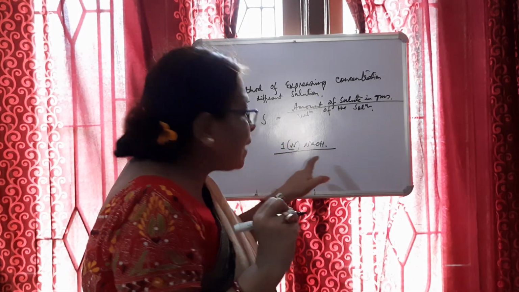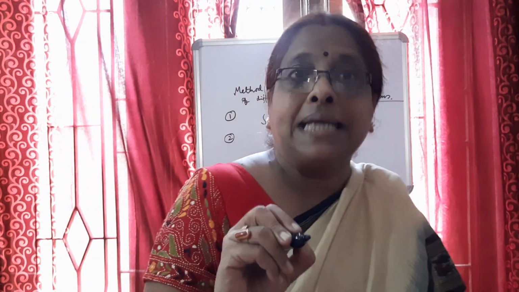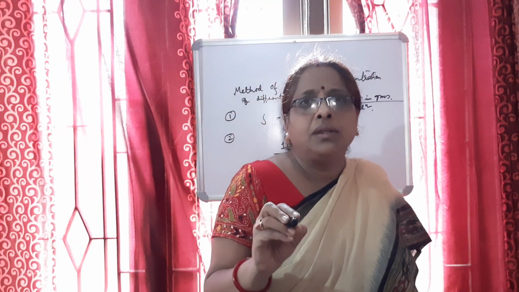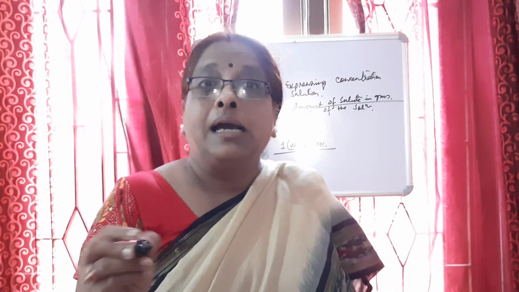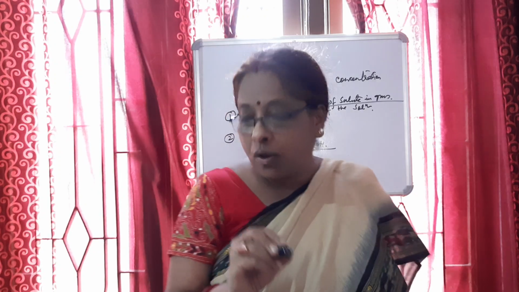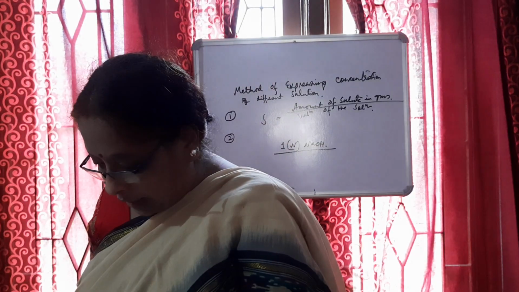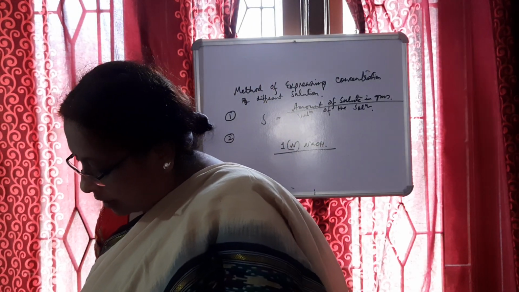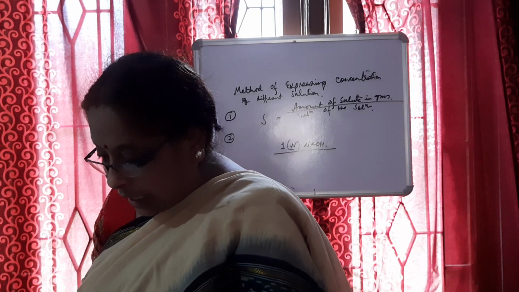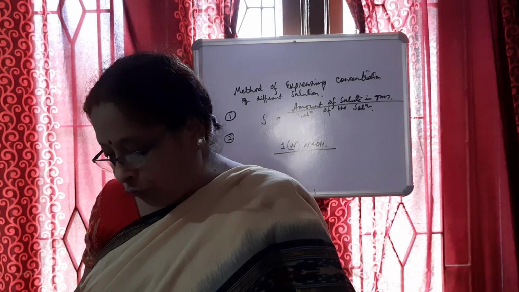So sodium hydroxide is a base. So equivalent weight is molecular weight divided by acidity. Now in case of NaOH, hydroxyl group is here 1. So 40 divided by 1 is equal to 40.